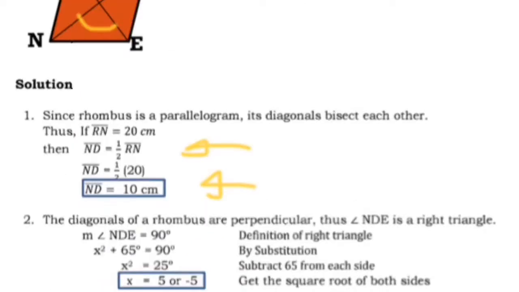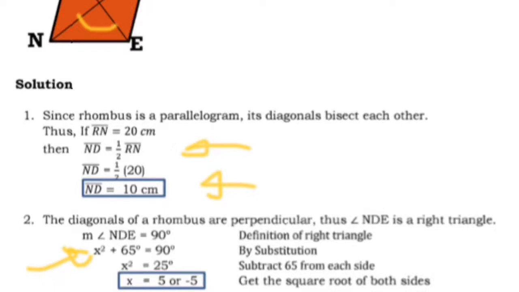Now, let's have number 2. The diagonals of a rhombus are perpendicular. Thus, angle NDE is a right angle, or its measure is equal to 90 degrees. So we can have this one, x squared plus 65 is equal to 90 degrees. Okay?